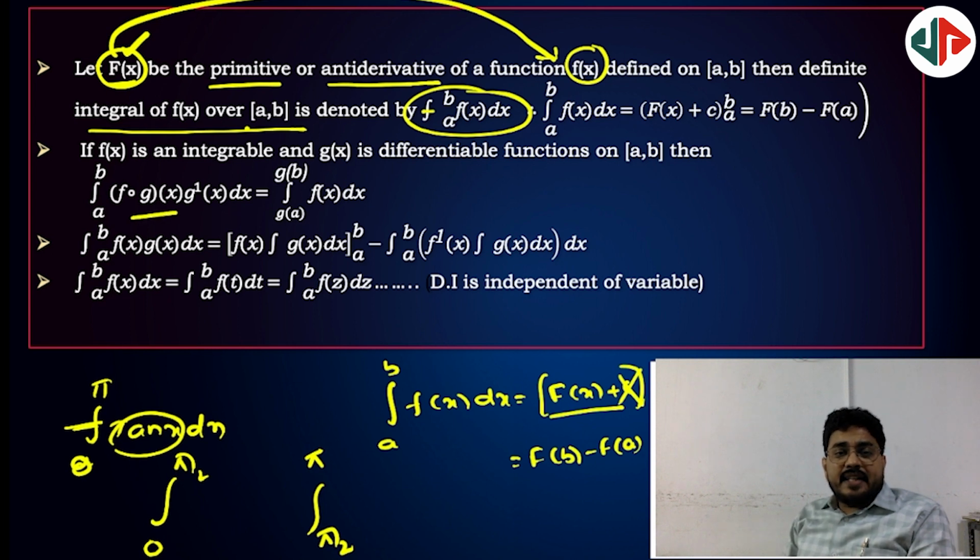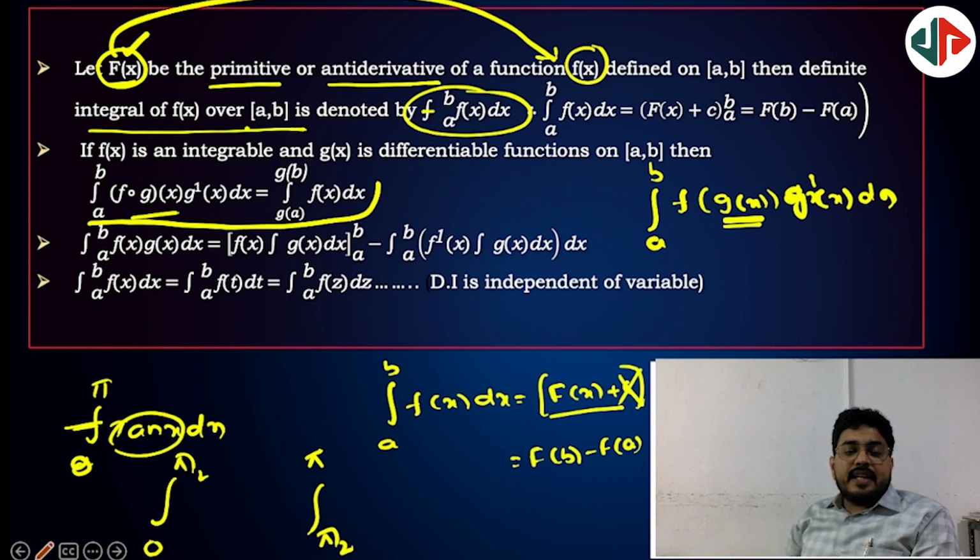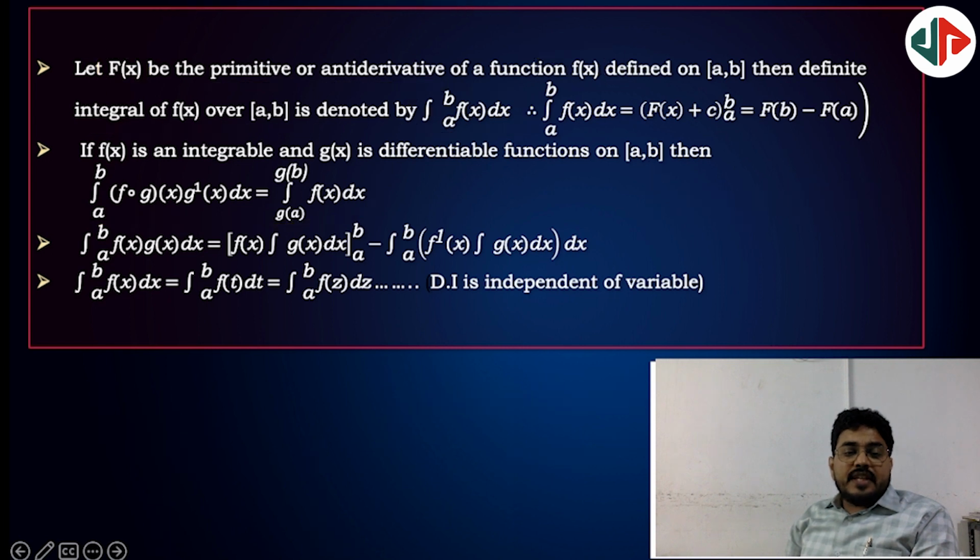And here, integral a to b f of g of x times g dash of x dx. Simply what we will do, we will take g of x is equal to t, and we'll go. This is the substitution method. And this is the integration by parts. What is integration by parts? You must have studied already during integration.